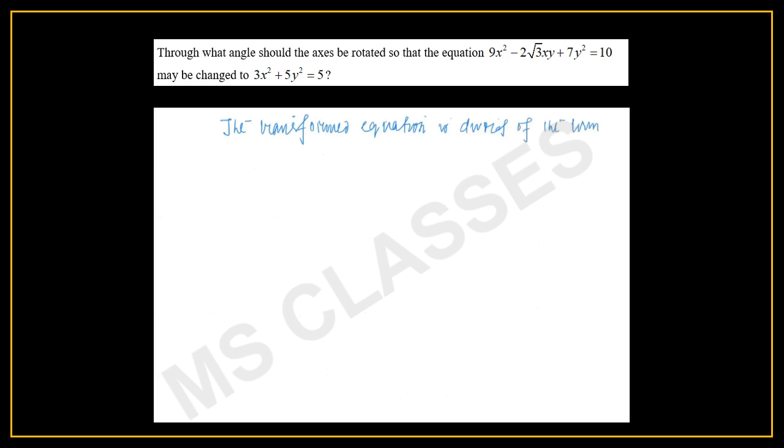Therefore, the coefficient of XY should be equal to 0 in the above equation.